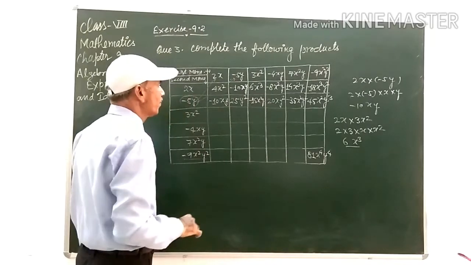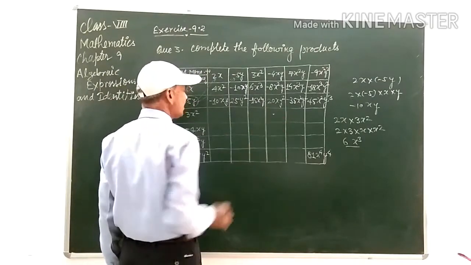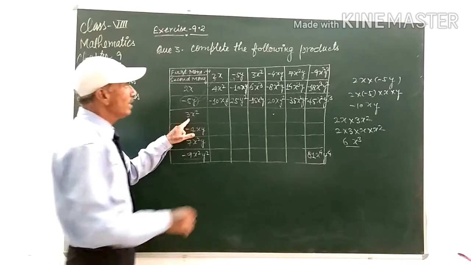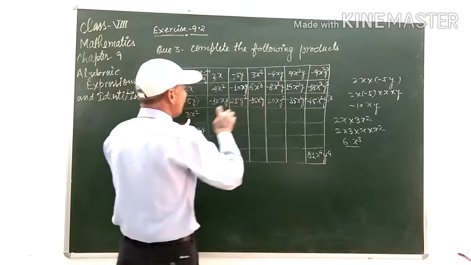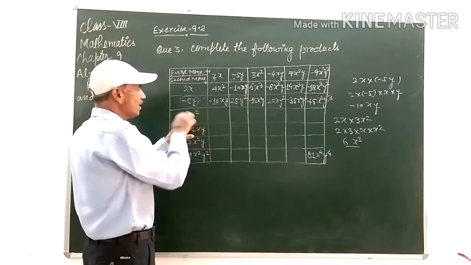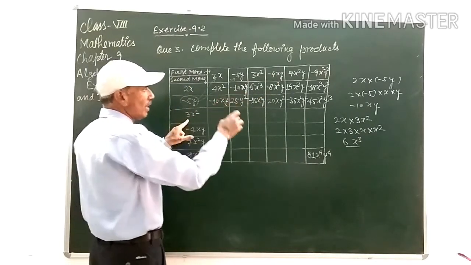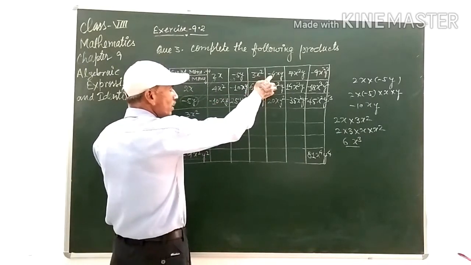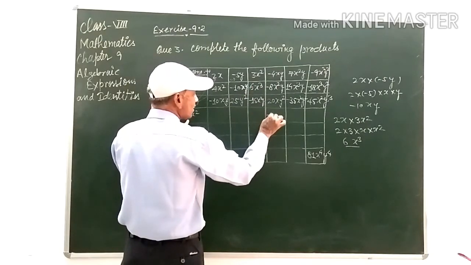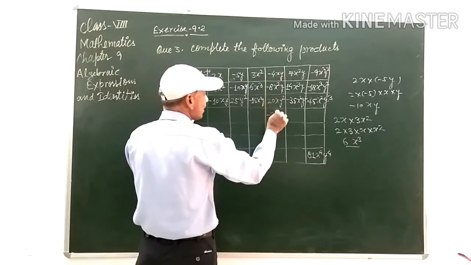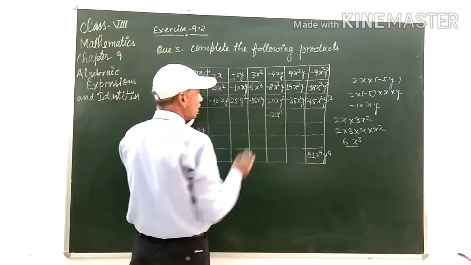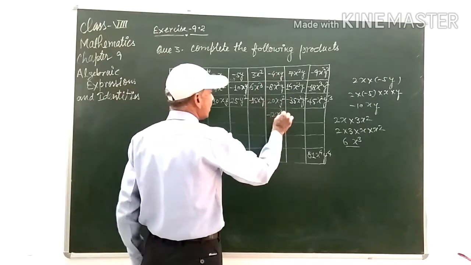Okay, students? In this column 3x square into minus 4xy, 3 4s are 12, so one is negative and other is positive, this one minus 4, so it will be minus 12. Okay, and x square into x, that is x cube and y.